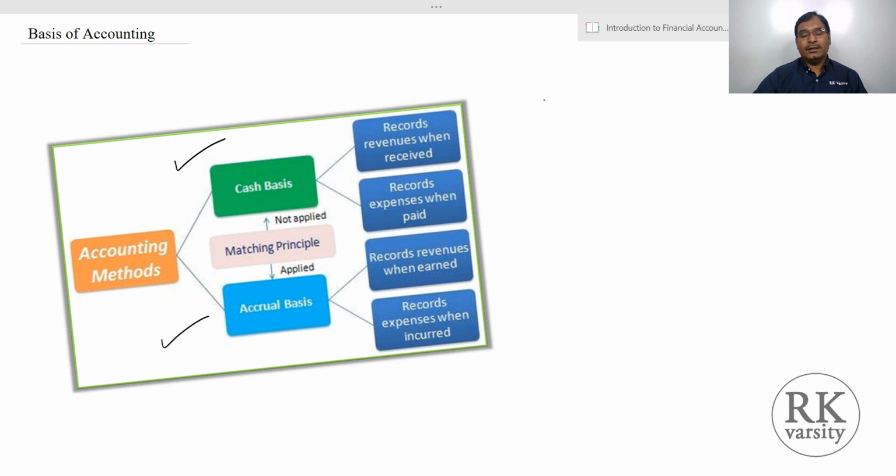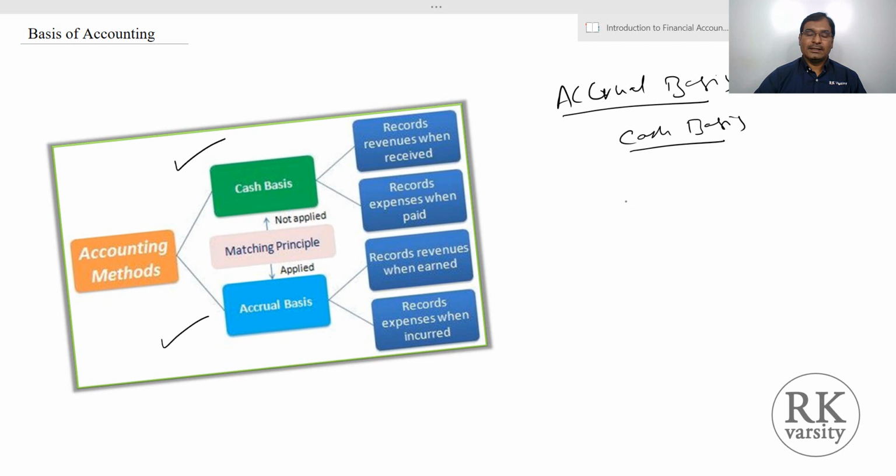Now, any public limited company or a private limited company is supposed to prepare its accounts on the basis of accrual basis accounting. On the other hand, sole proprietorships and not-for-profit organizations can prepare their accounts on the basis of cash.